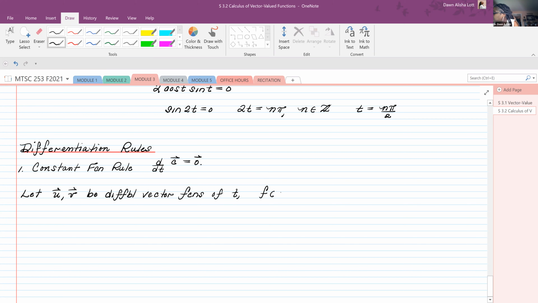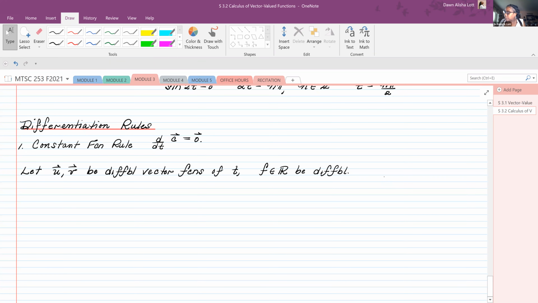So it is a scalar valued function. So U and V are vector valued functions and f is a scalar valued function.